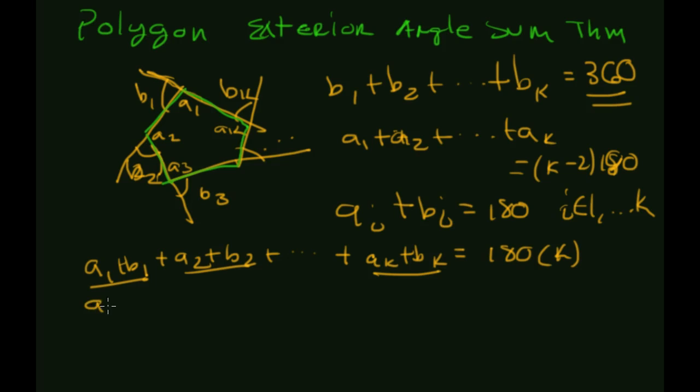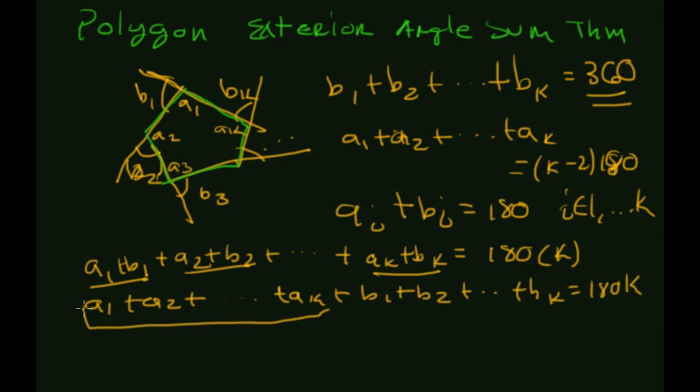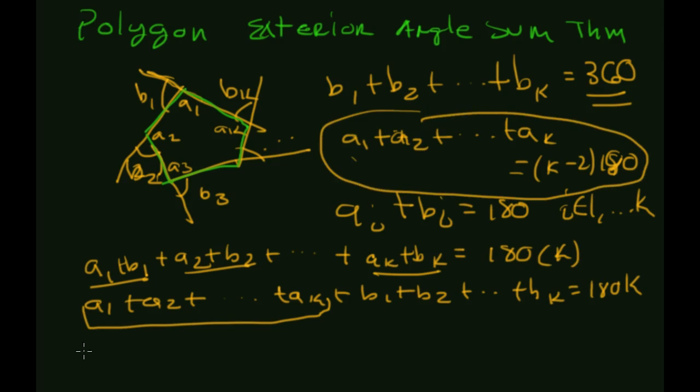All right, but I know that A1 plus A2 plus out to AK plus B1 plus B2 out to BK should then equal 180 times K. But this part says here that it should equal K minus 2 times 180 plus the sum of all the exterior angles.